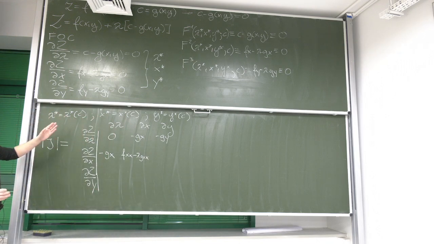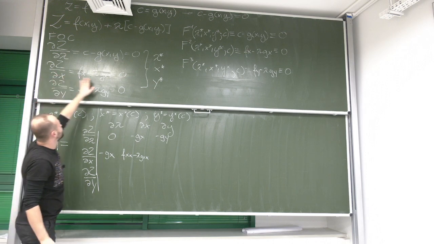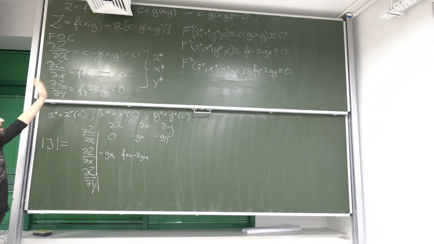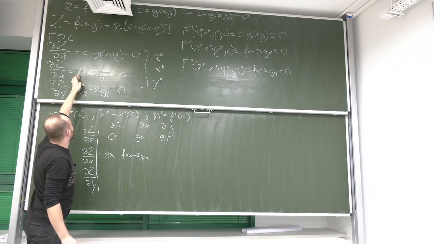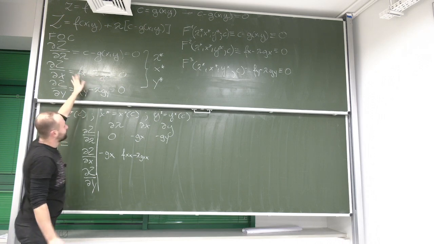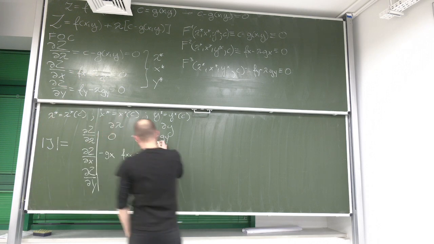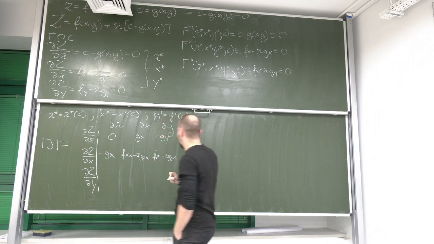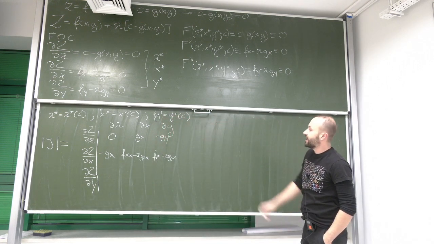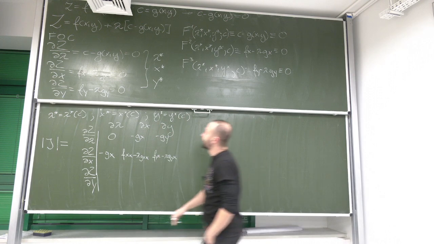Now we need to differentiate this equation with respect to y. So look, now we're going to have derivatives of these functions with respect to variable y. So we're going to have here fyx minus lambda gyx. And finally, we need to go to the last equation.